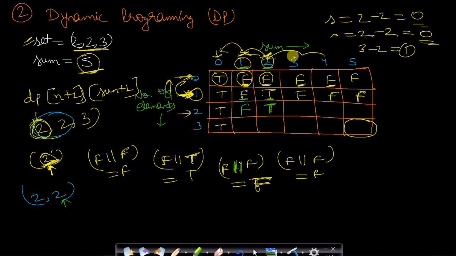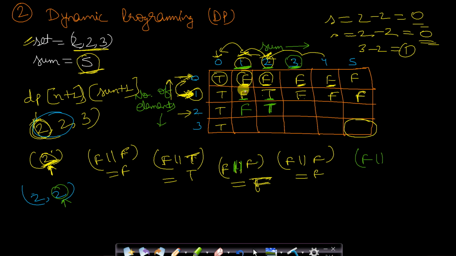Okay, as soon as we move to the sum value 3, can we find a sum value 3 without including this second element? It is coming out to be false. Since it is false, we will check for the other option. If I include this 2, then can we find the sum value to be 3? When I include 2, the sum value will decrease by 2, because the second element has a value of 2. Now we will move to column 1, and we will go up a row.